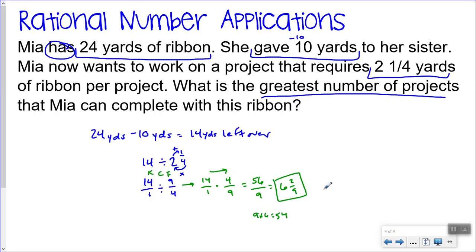But the problem wanted to know the greatest number of projects she could complete. So we're not necessarily going to say that she could complete 2/9 of a project, because then that project isn't complete. So this actually isn't going to be my final answer. But we're going to look at that 6 and 2/9, and the whole number here is going to be the total number of completed projects. Because we still have that 2/9 of a project left over, we can't quite get to 7, but we do have enough to finish out 6 projects.